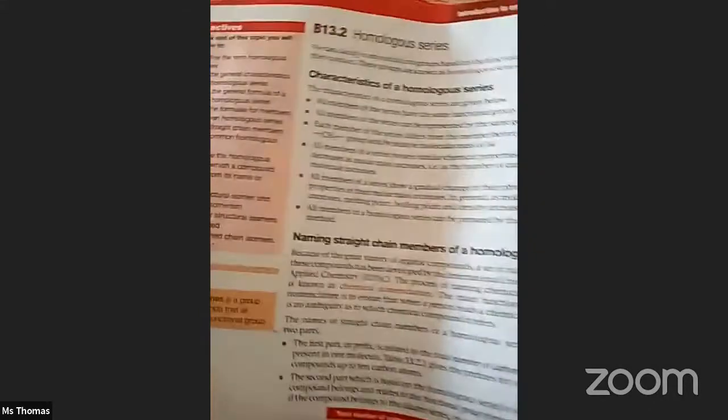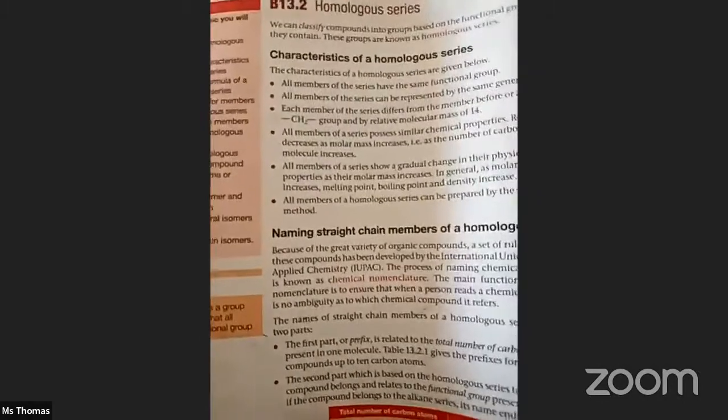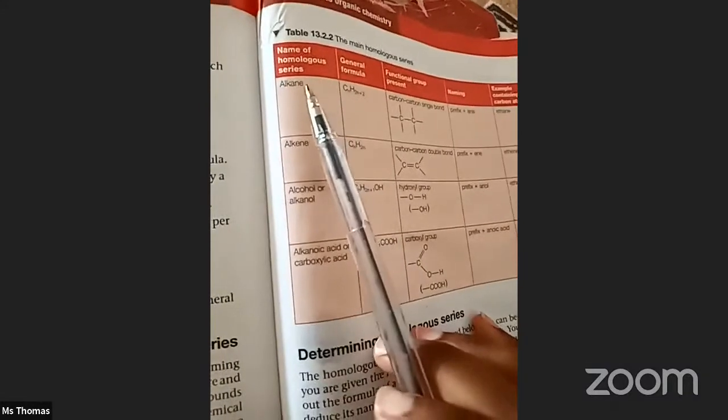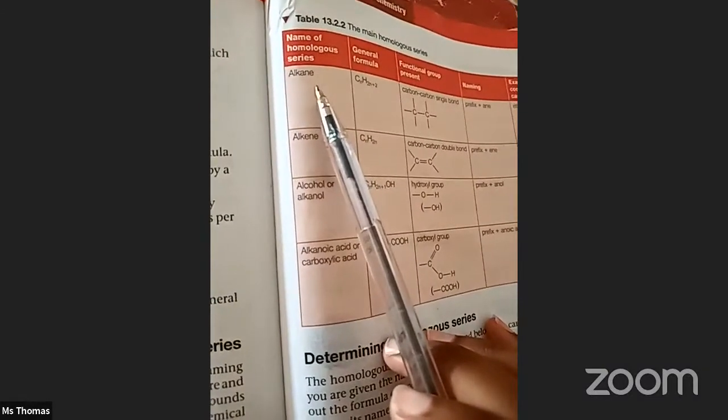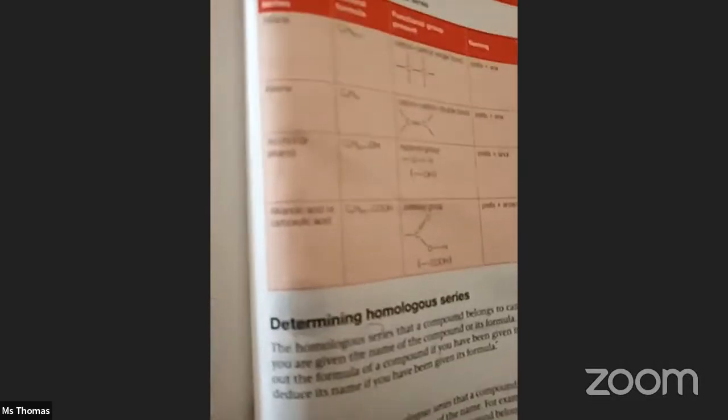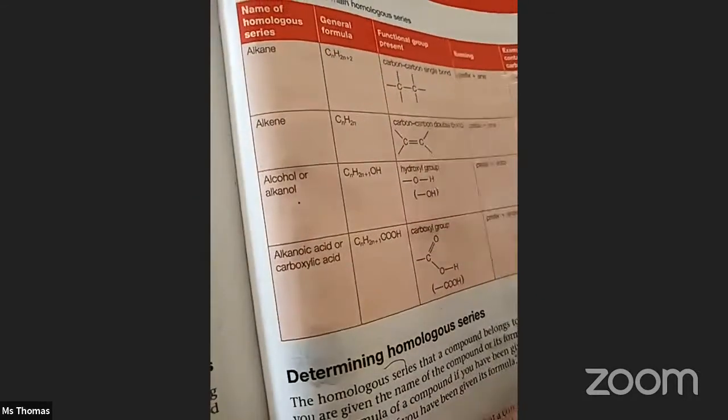All right, so today we learned about homologous series, and we learned about 4 homologous series. We learned about alkanes, alkenes, alcohols, and alkanoic or carboxylic acids. Alkanes have what kind of functional group? Alkanes have carbon-to-carbon single bonds.